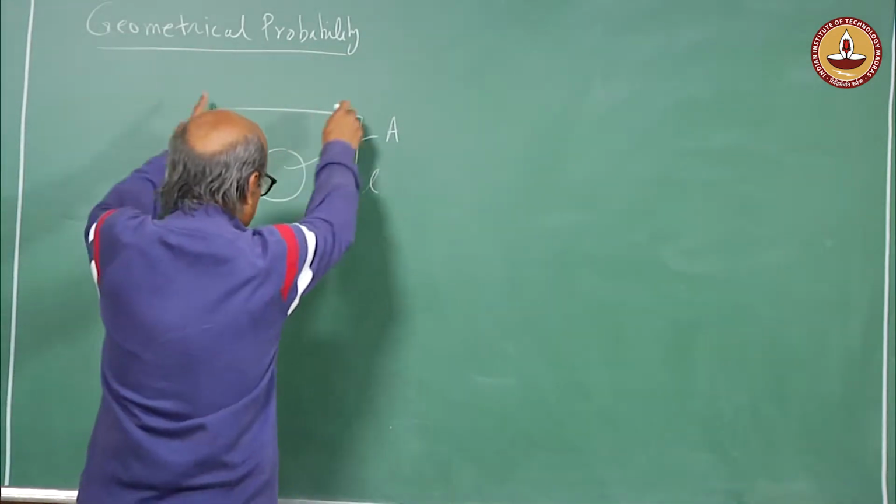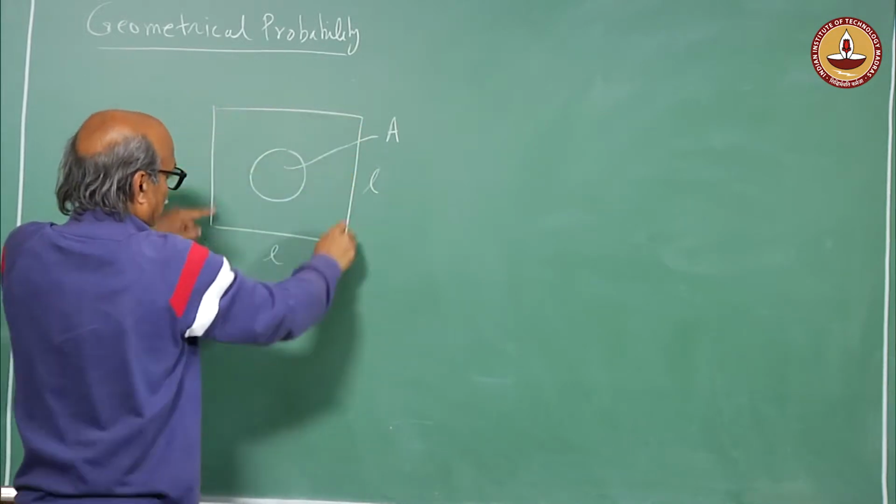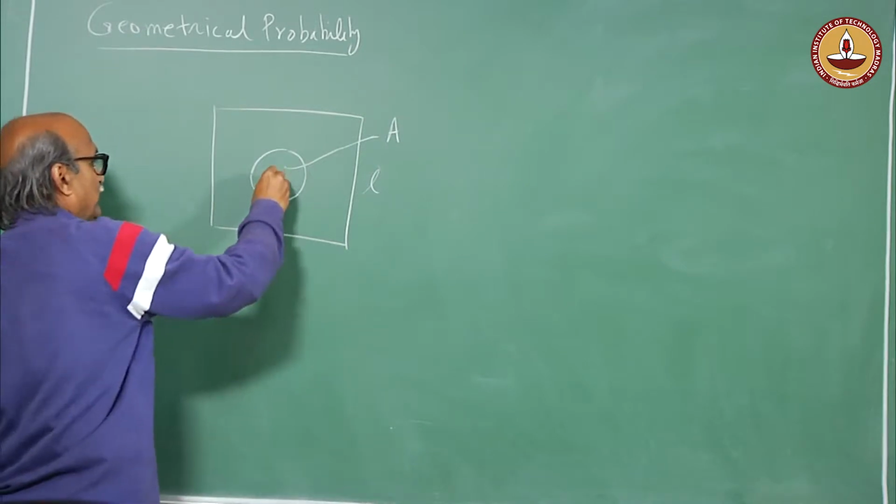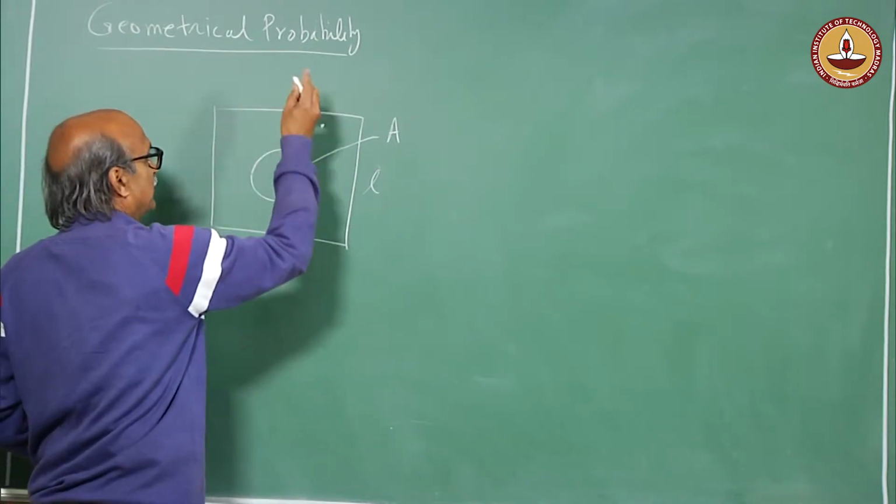So, it hits within this square, but the dart hits anywhere. It could hit inside the object, it could hit outside.